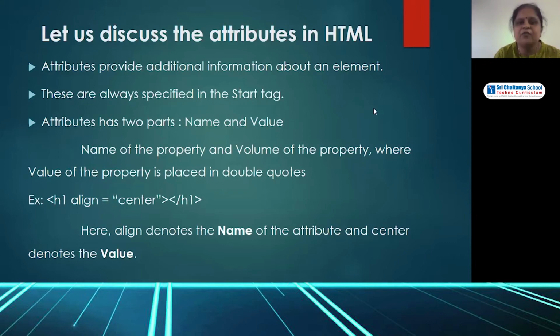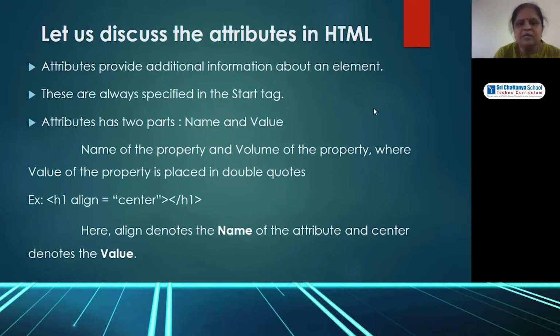These are always specified in the starting tag. Whenever I am writing a starting tag, inside the starting tag, after the tag name, we will write the attribute for it. I will explain this when you learn the different attributes.